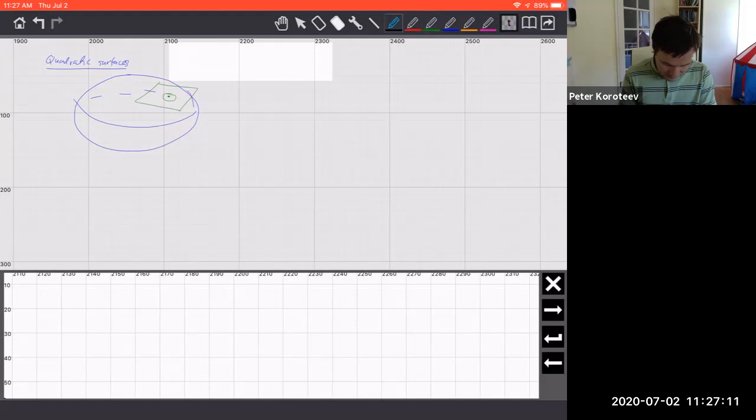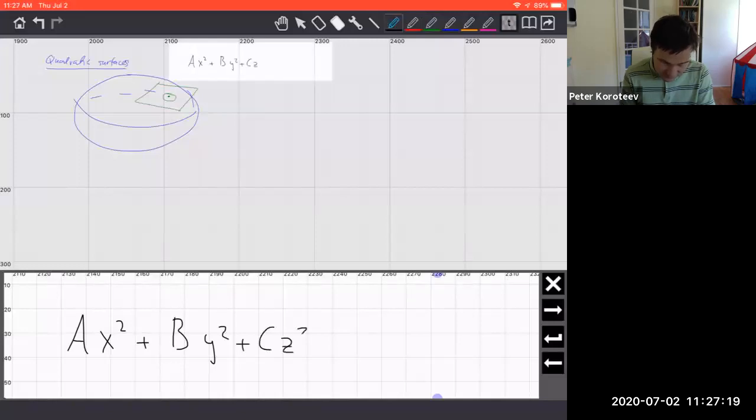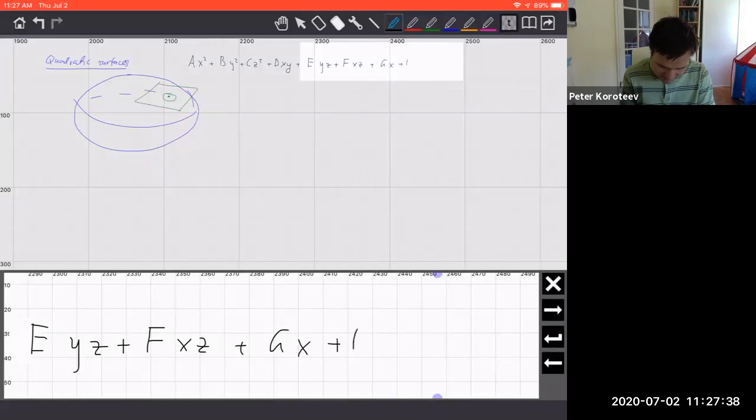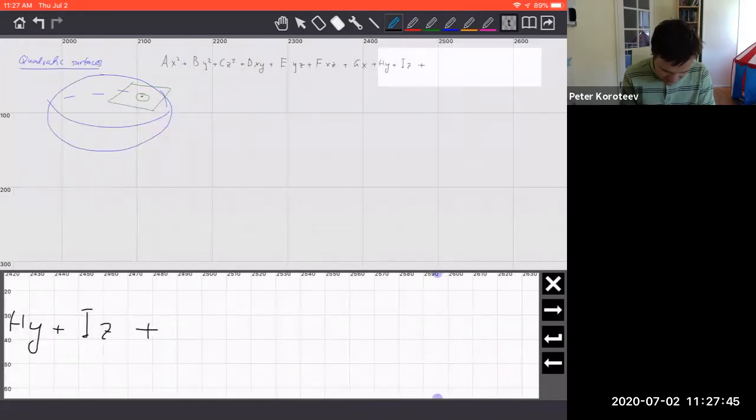It's given by this equation: a x squared plus b y squared plus c z squared plus d xy plus e yz plus f xz, and then linear terms plus gx plus hy plus iz plus j equals 0.